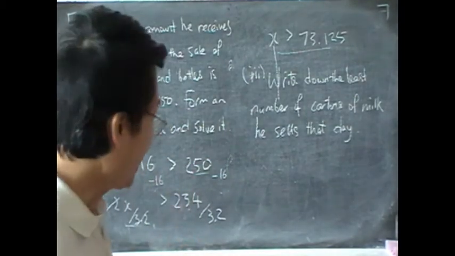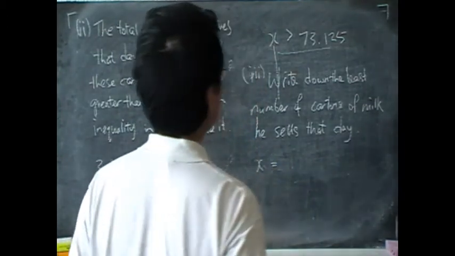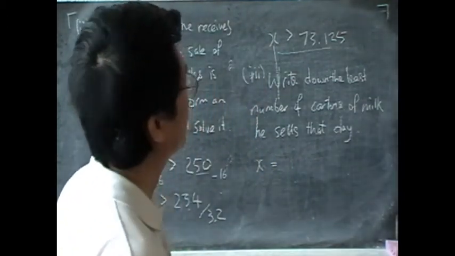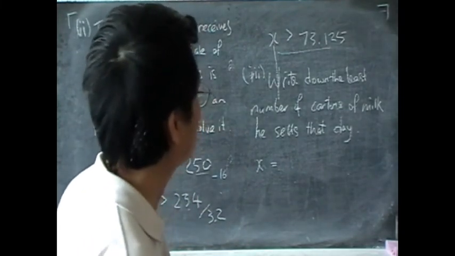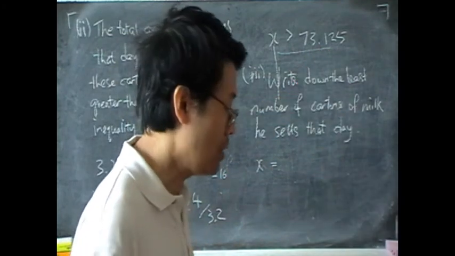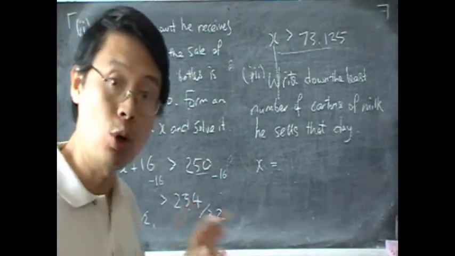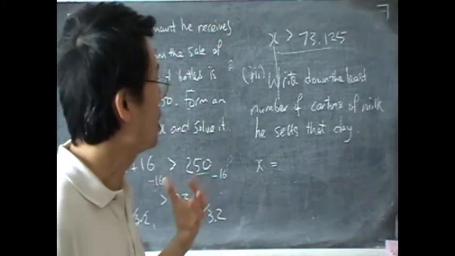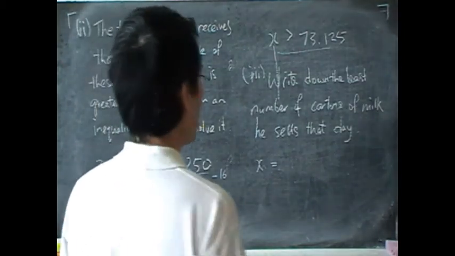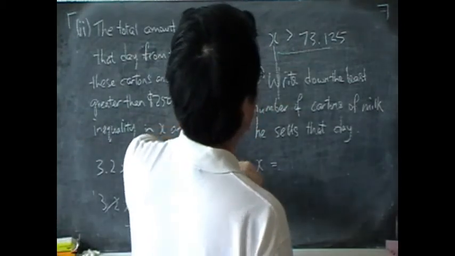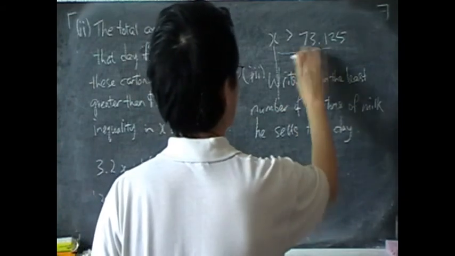So that means that X can be just any number that is more than 73.125, and we also know that X must be a whole number because it's a number for counting the cartons. So X can't be 73 because that's smaller than that.